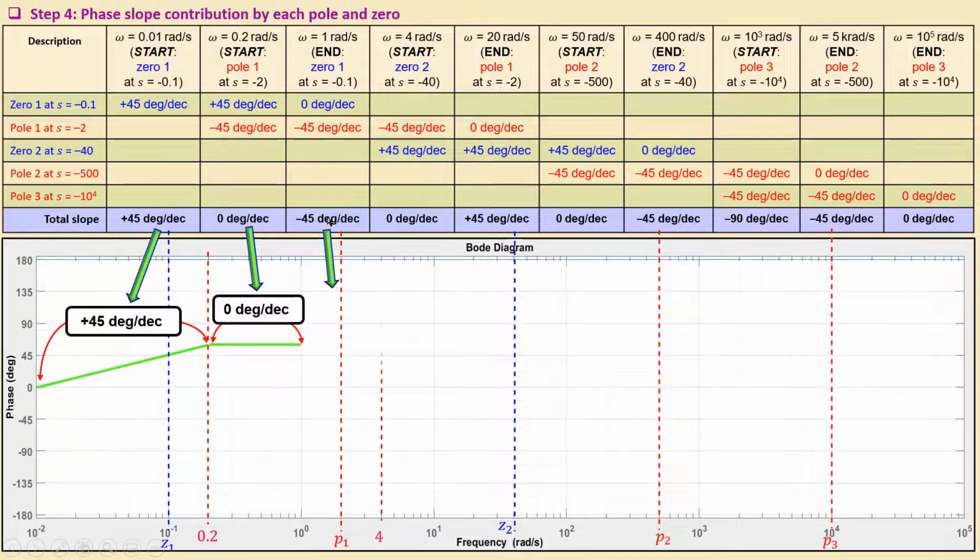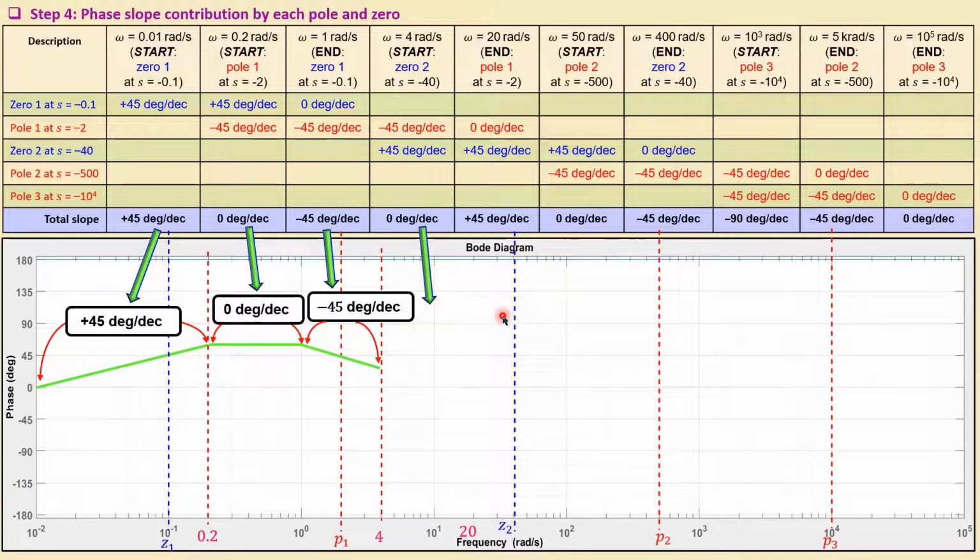That is actually the meaning of this table. So you can see here the minus 45 degrees per decade. Now it goes from 4 to 20 radians per second, but with a slope of 0 degrees per decade. Let me bring up my laser pointer.